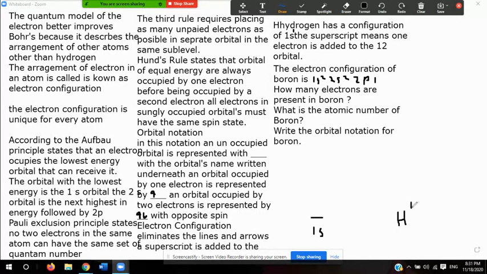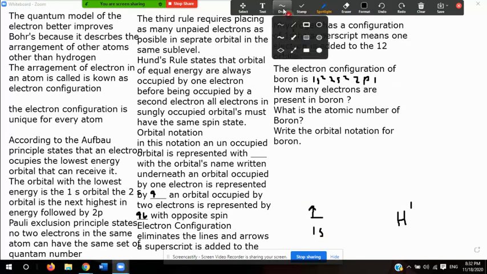So normally hydrogen will only be at the 1s orbital, and it will only occupy 1 sublevel. So basically, hydrogen would have a configuration of 1 electron, and when 1 electron occupies an orbital, and more specifically a sublevel, it is represented with 1 arrow looking upward.